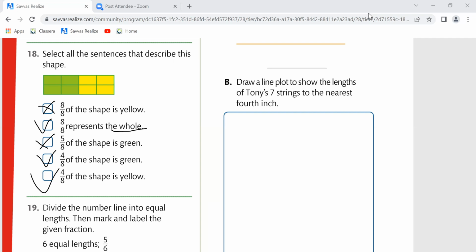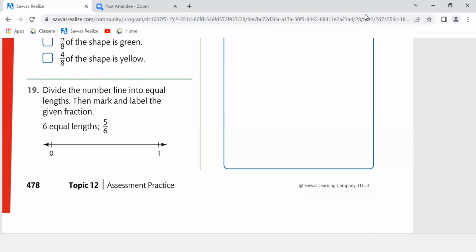Ready with this? In the quiz, it's the same, but another picture. Is it clear? Okay. Divide the number line into equal lengths. You need to divide by yourself, then mark and label the given fraction. How many parts do you need to divide into? 6 parts.